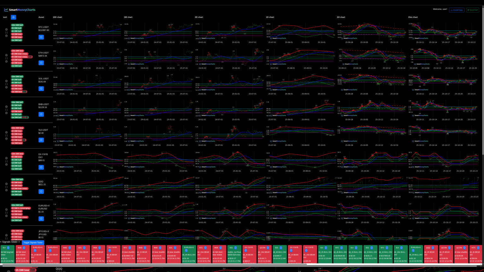So now with just one chart, we're able to see 1, 2, 3, 4, 5, 6, 7, 8, 9, even almost 10 different assets on 6 different time frames. So you can have 60 charts on your 4K monitor, which, usually with TradingView, maybe you can have 2, maybe 4 tops.